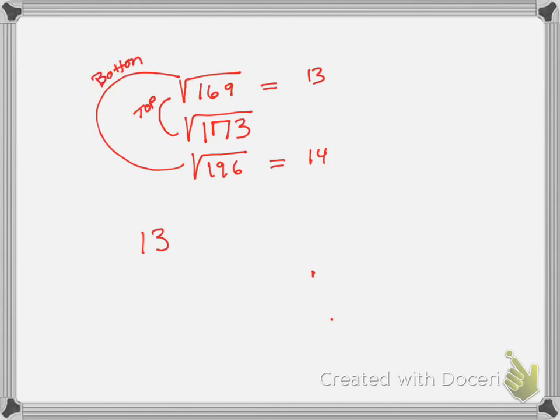So we find a difference between the top, 173 minus 169, and the bottom, 196 minus 169. And what does that simplify to? 173 minus 169 is 4 over what?